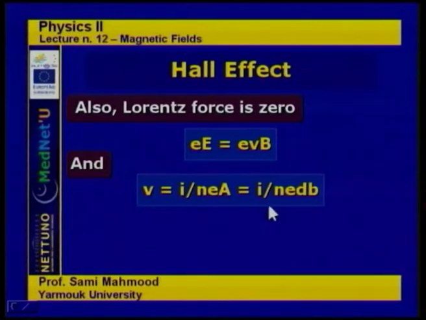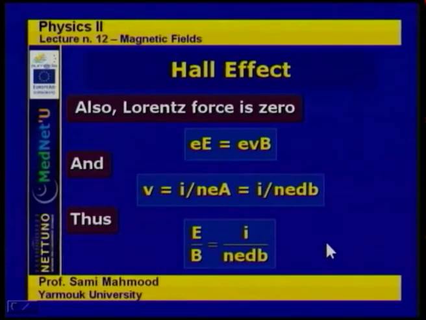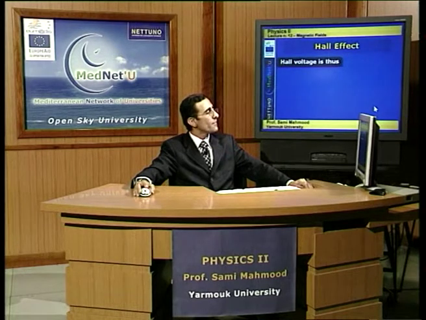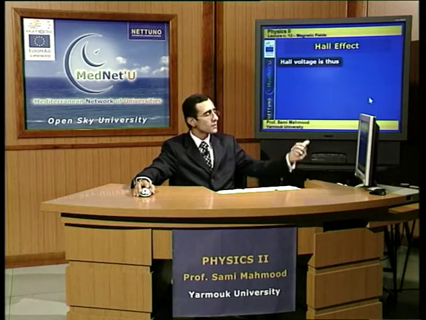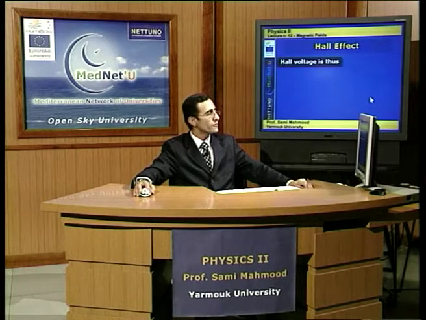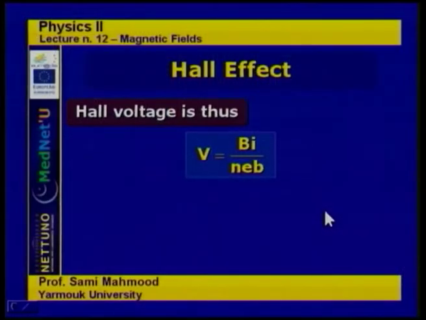That gives the drift velocity v equal to I over N e D B. Thus, combining all these things, we get E over B is equal to I over N e D B. And then the Hall voltage is related to the electric field which we have just derived. The Hall voltage is then equal to B I over N e B.